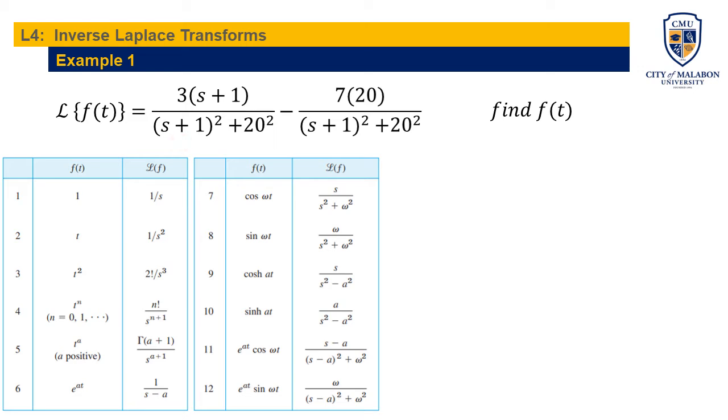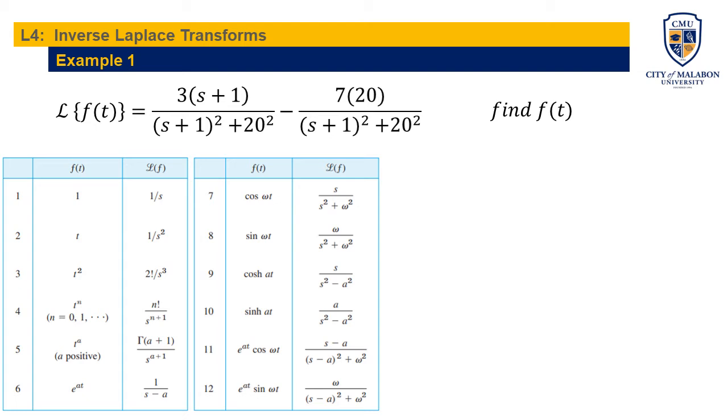So, dahil meron tayong nakikitang s plus 1, so masasabi natin na pwede natin gamitin yung principle ng shifting theorem, right? So, dahil meron na nag-shift na tayo ng s, so that's the first shifting theorem na magagamit natin dito sa term na ito.